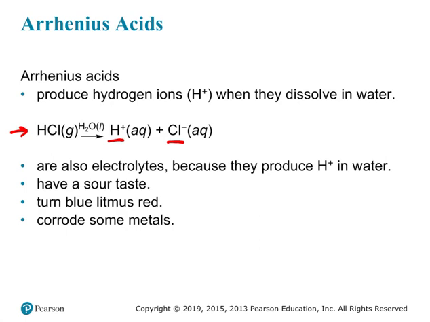Now we can also call these acids electrolytes. You might have heard of electrolytes. For instance, Gatorade constantly talks about how many electrolytes are in the beverage. Electrolytes are really just ions that can produce a current in water.